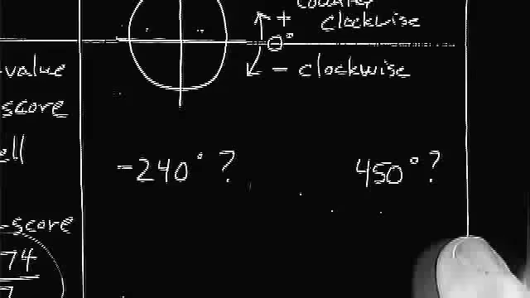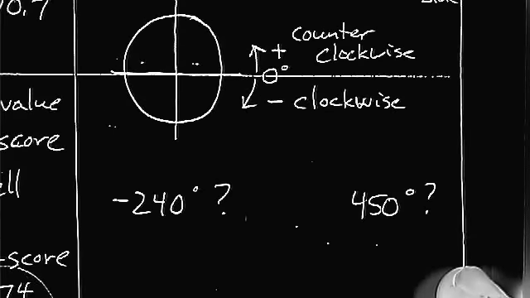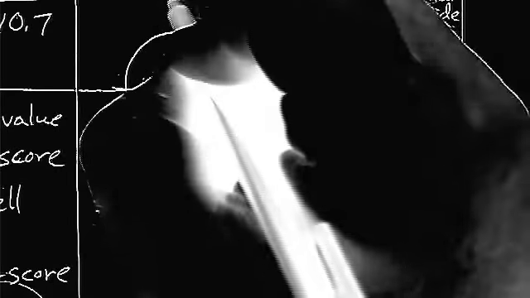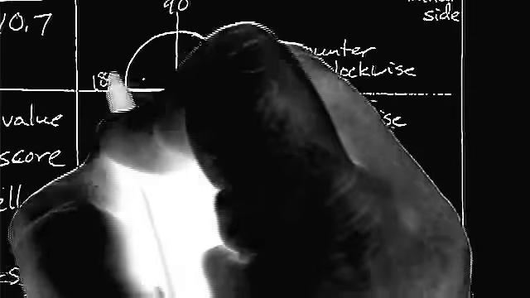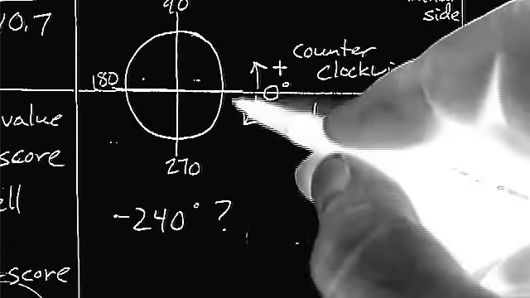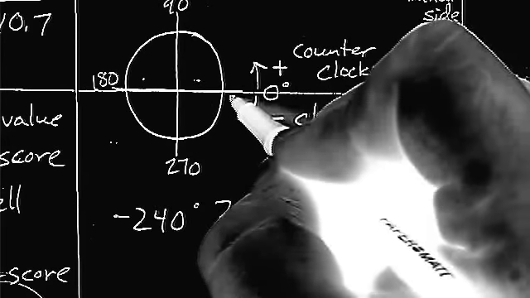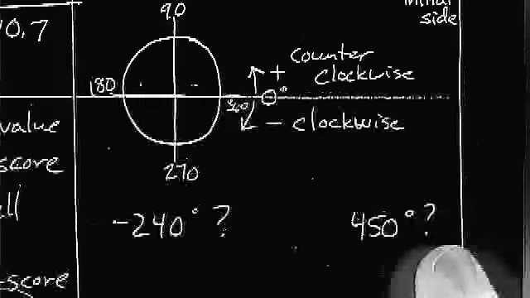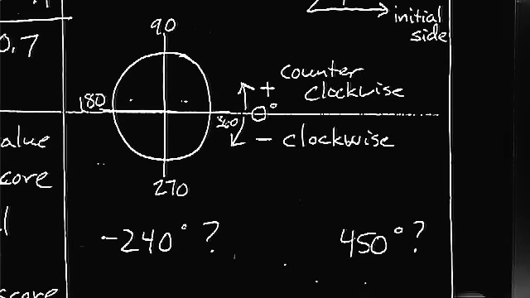So what does negative 240 look like? Well, keep in mind that this is 90, and this is 180, and another 90 makes 270. And then back to the original would be 360. And as you can tell from the next example, 450 degrees, you're going to keep going around the circle even farther than a full revolution.